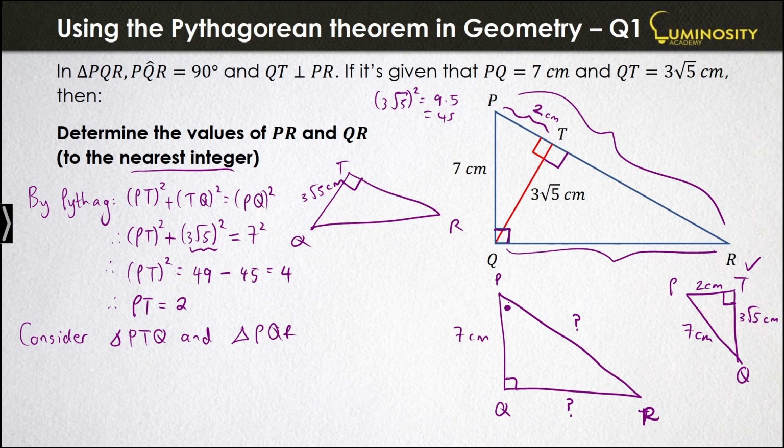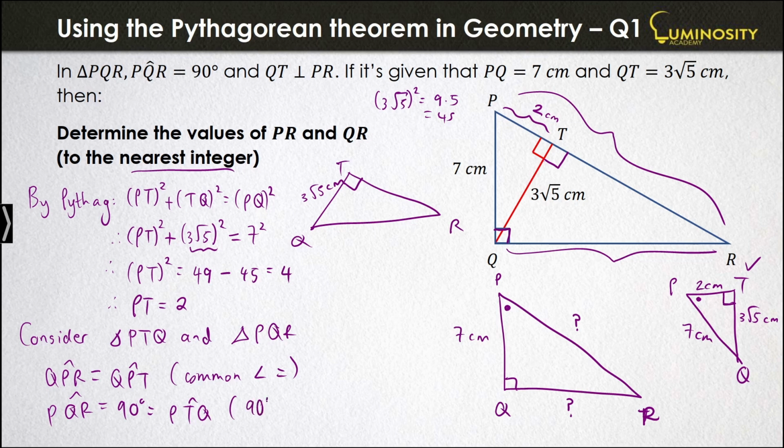Well, first of all, angle P is equal to itself. It's a common angle. So I can say in this triangle QPR equals QPT, because common angles are equal to each other. All right, and then I also have that angle PQR, which is 90 degrees, must be the same as angle PTQ. So both angles are equal to 90 degrees. That was given.